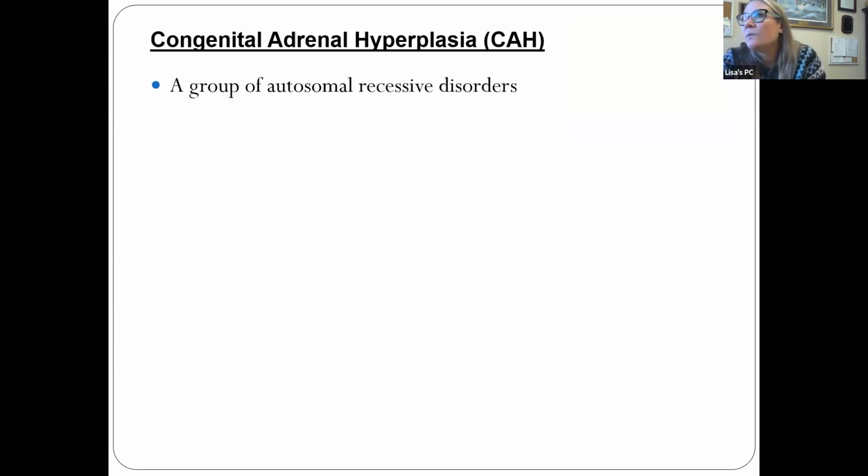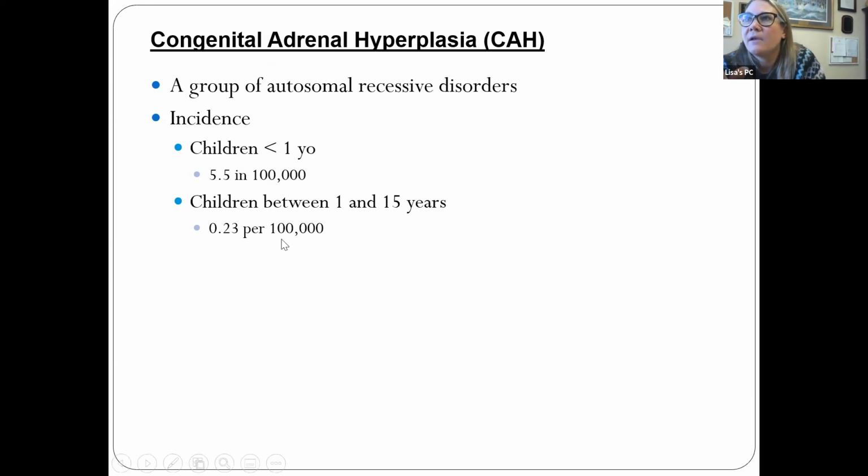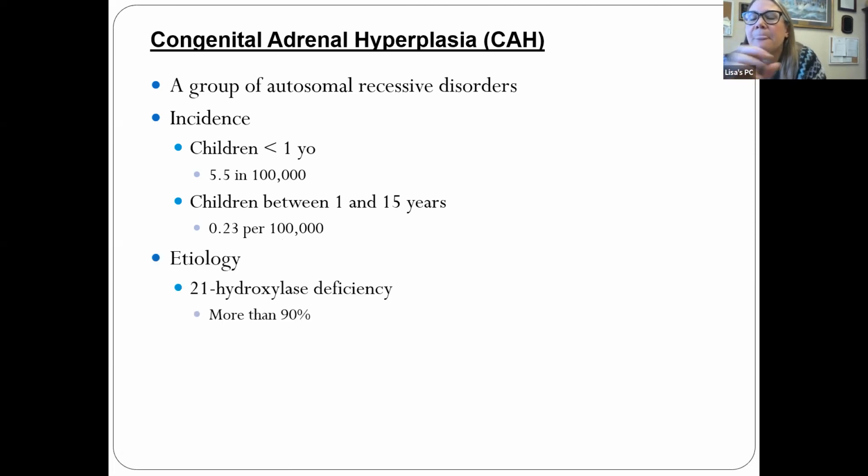And so this is a typical presentation for CAH, or congenital adrenal hyperplasia, which is an autosomal recessive disorder. Just basic info, the incidence in children less than a year is about 5.5 in 100,000. There is a non-classical type that presents later, which we'll talk about, which has a lower incidence.